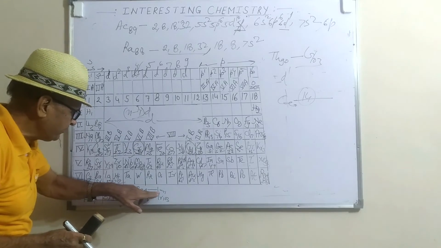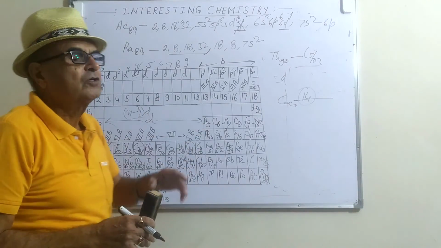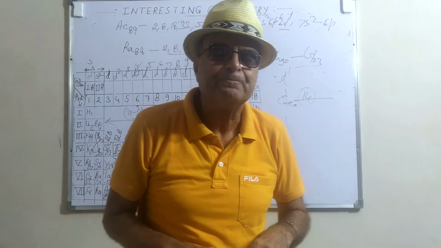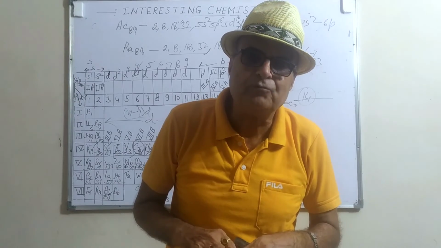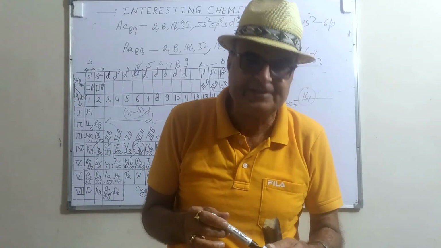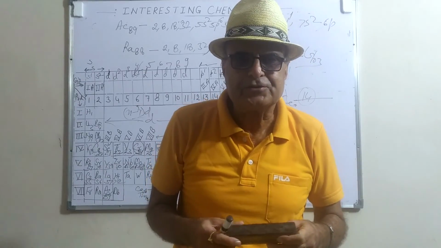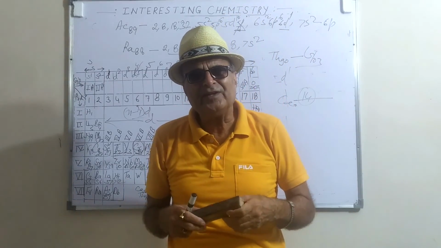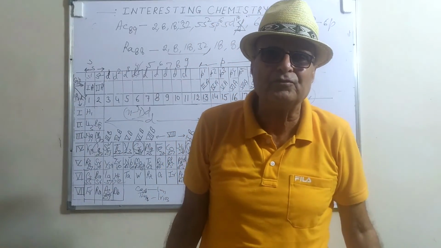This is cerium 58 to 71, and this is thorium 90 to 103. So I have explained all the electronic configurations up to 103. I think that you have understood it. I have done very hard work to make you understand this whole electronic configuration.